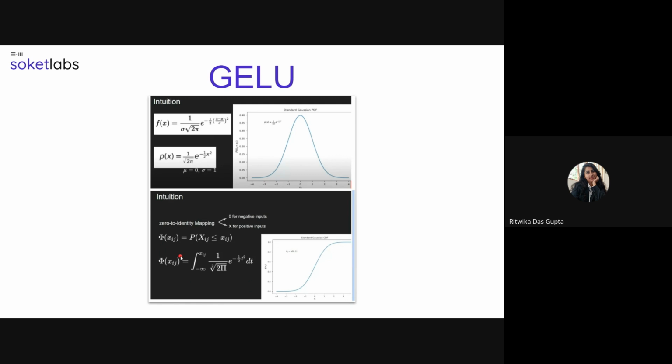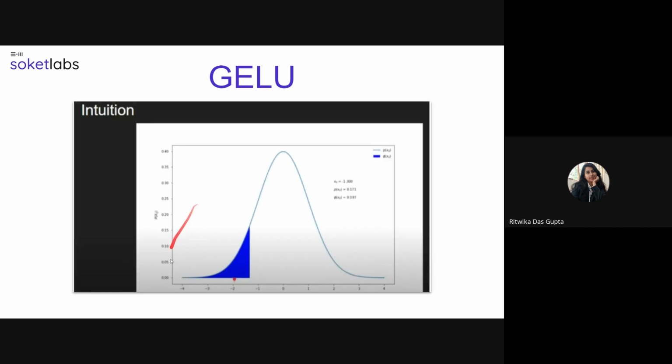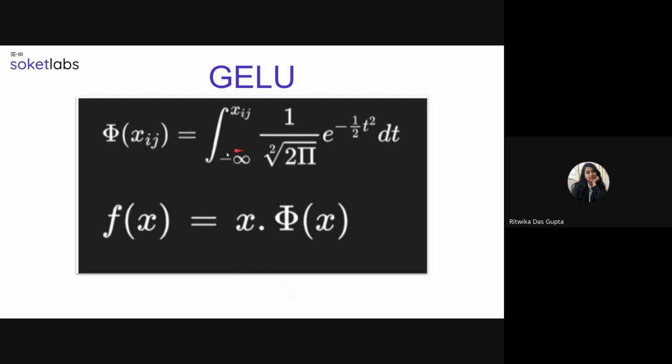So this is the given formula, and this is the area under the curve, which is shown for specific x values. Given this formula, the GELU activation function works almost like this. We multiply it with the phi formula, and integration is done if the distribution is continuous. If the distribution is discrete, then we just add up the probabilities.